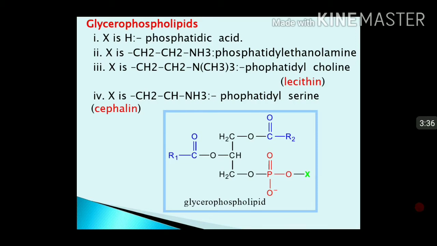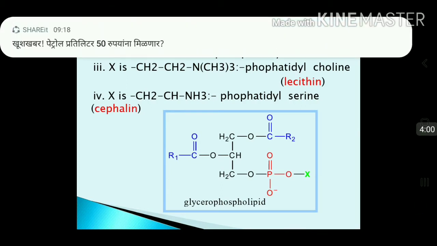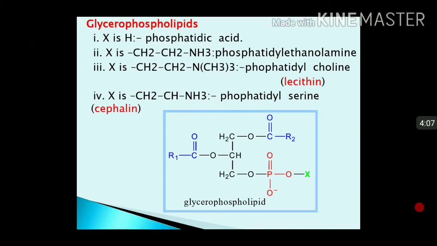So let us see here in detail. The structure is shown in this blue box, in which you notice that the phosphate group is shown in red and it is joined to X. R1 and R2 are the different fatty acids joined to 2 positions of glycerol, and on 3rd position phosphate group is present, where X is attached to the phosphate group through phosphodiester bond.